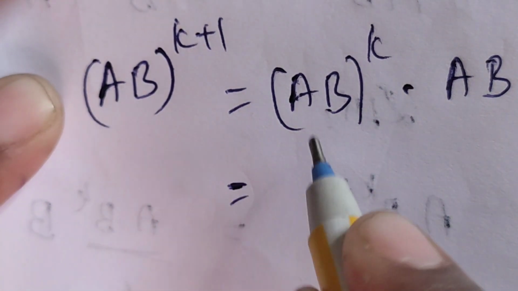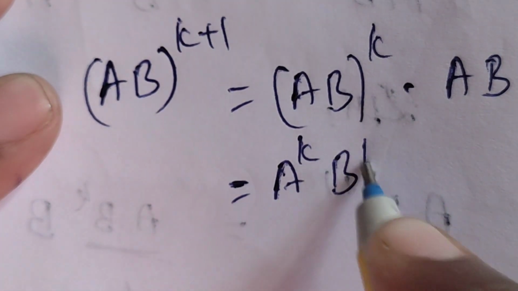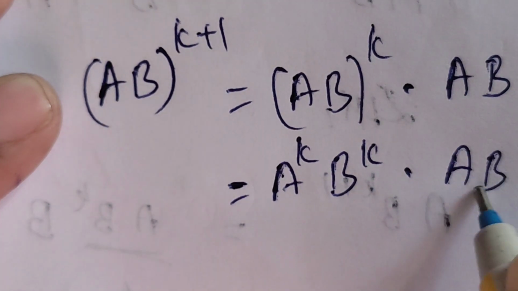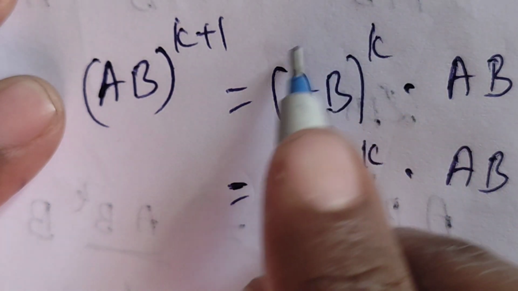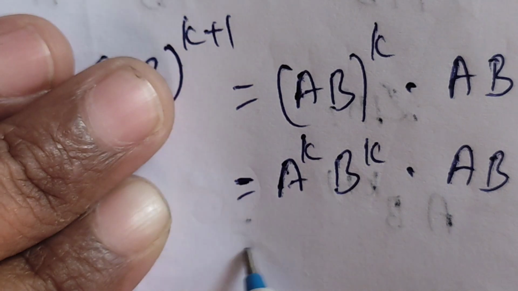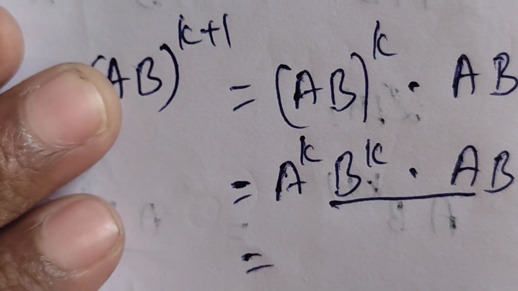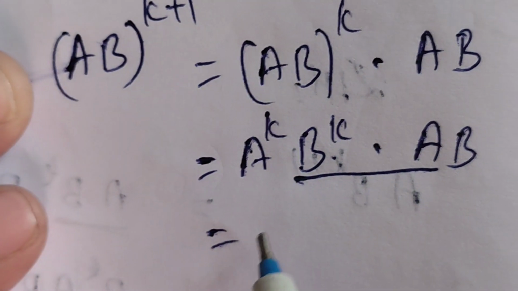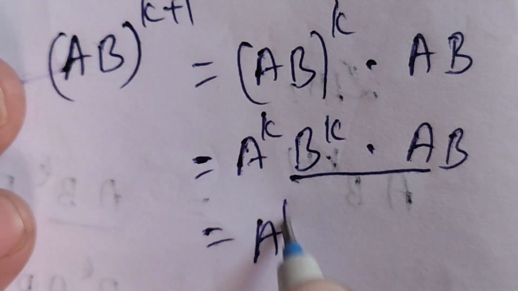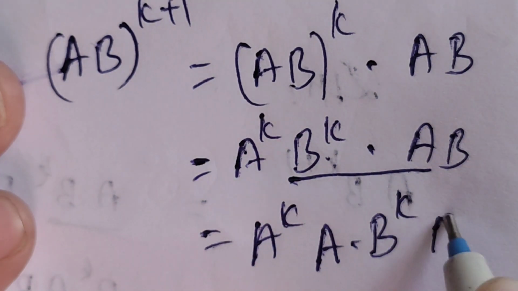Now A^k B^k into AB, because we have assumed the result is true for k values. The next step is, here we have B^k into A. B^k into A is nothing but A into B^k. Why?